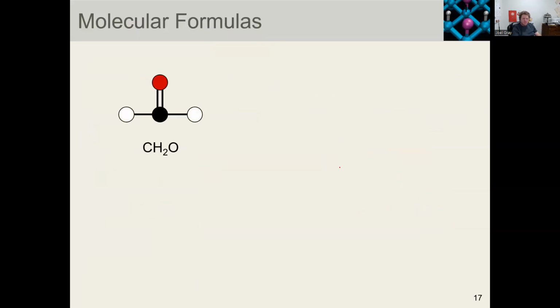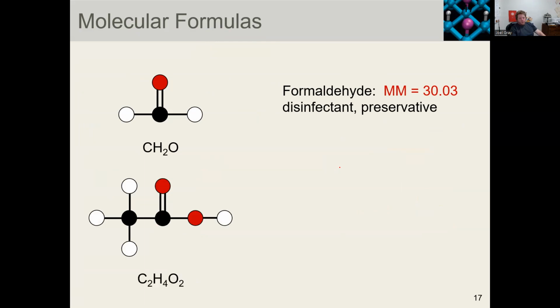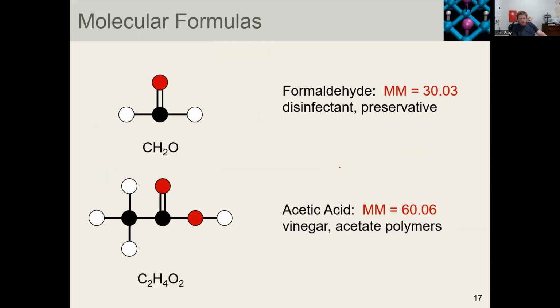So CH sub 2O is formaldehyde. It has a molecular mass of 30.03. That molecule is its molecular and its empirical formula. This compound right here, acetic acid, has a formula of C2H4O2. Molar mass is 60.06.